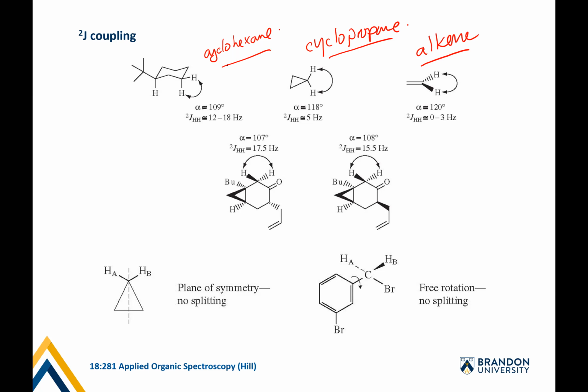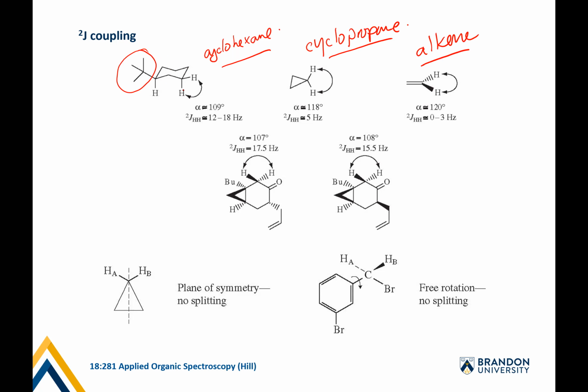And all of these fun examples. So cyclohexane, they've got a tert-butyl group here. The tert-butyl group is going to fix the conformation into this chair so it doesn't do an inversion.